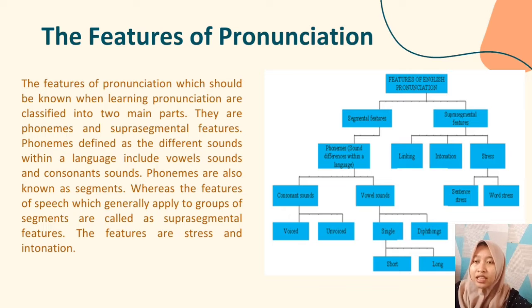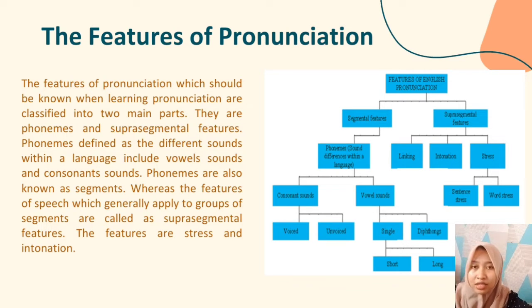You can see in here the table of the feature of English pronunciation, and from the table we can know that the feature of English pronunciation has two types. The first is segmental features and the second one is suprasegmental features. In segmental features, we can know about the phonemes or sounds different within a language, which consist of two types.